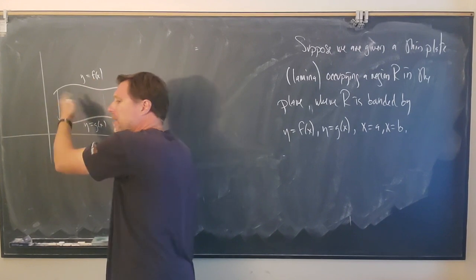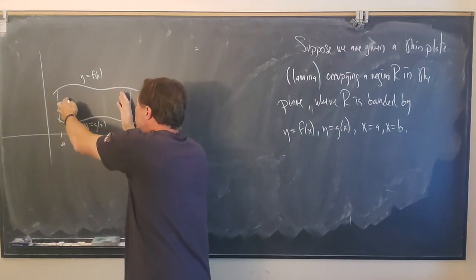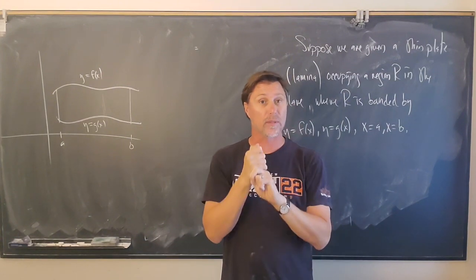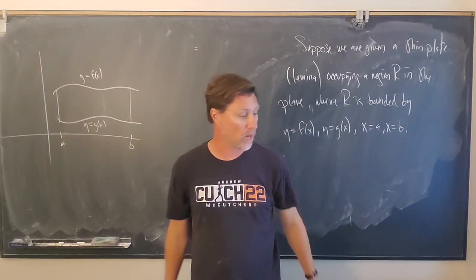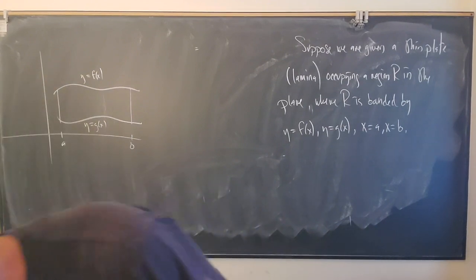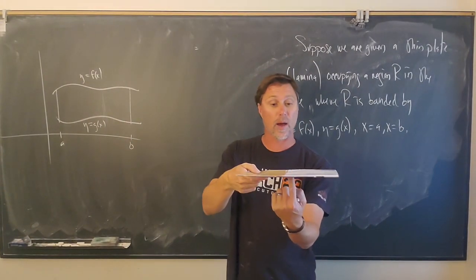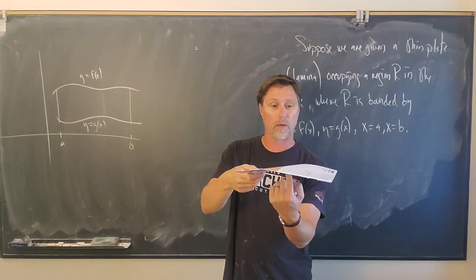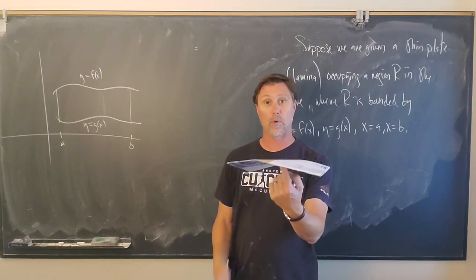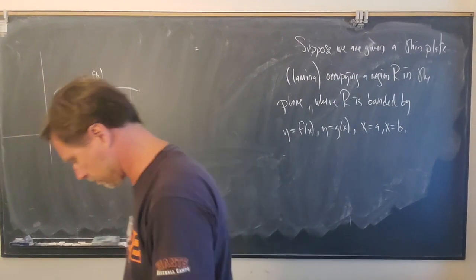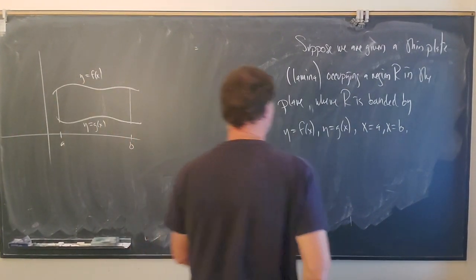Maybe it's made out of metal or cardboard or something like that. You could pull it out. Our goal is going to be to find the balancing point, the center of mass of this irregularly shaped object. And I don't really have a good prop here, but let's say if you got something like this, right? You're looking for the spot where you could put your finger and hold it and keep it balanced horizontally. Right, so we're looking for that balancing point.